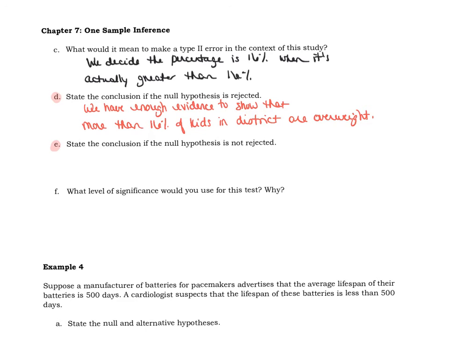Okay, if we do not reject it, then what we say is we do not have enough evidence to support the claim or to show that more than 16% of kids in the district are overweight.